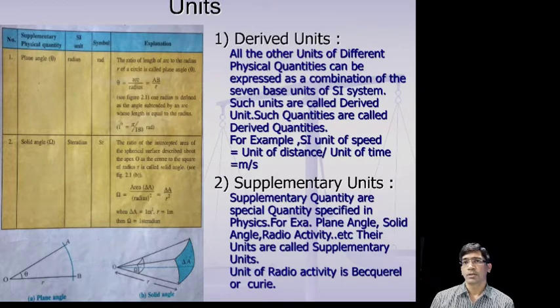Here in this picture, the definition of the plane angle and the solid angle is given with a pictorial diagram. We know the plane angle is arc upon radius, and its SI unit is the radian. Generally we take degree as the unit for angle, but we have to write it in terms of radian because radian is the SI unit.